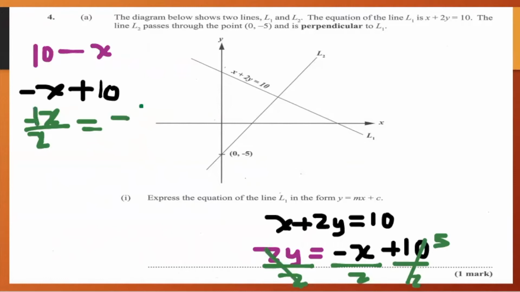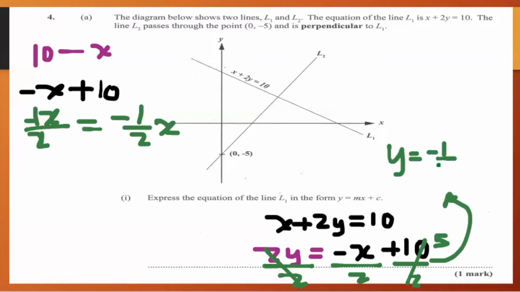So it's the same thing as negative 1 over 2x. These are the same thing. So this line is the same thing as y equal negative 1 over 2x plus 5.